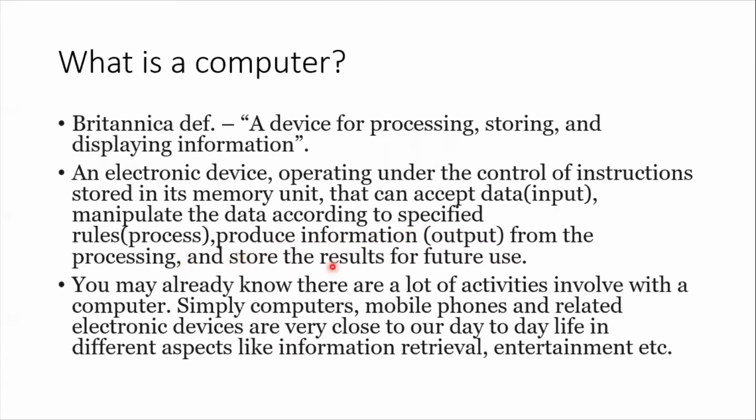Apart from that, it stores the results for future use. What a computer does is always store some sort of data, in the majority of cases, for future use. There are different data storing mechanisms. Today we are discussing that also. And this data storage can sometimes be used in real time. That means once the data arrives, it stores the data.